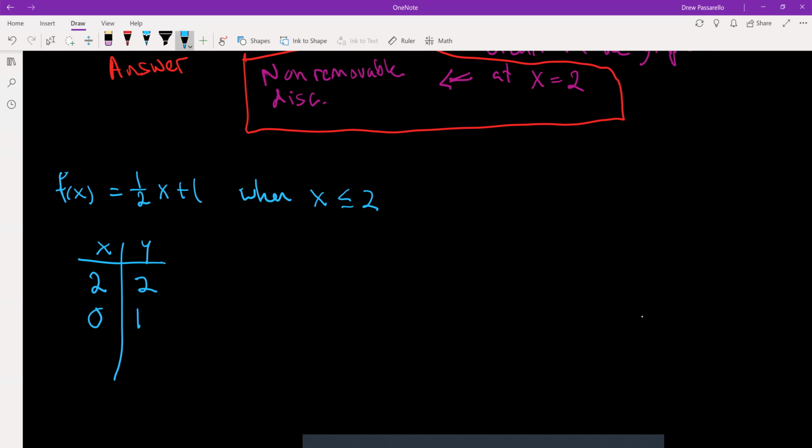And really that's all I need, right? Because this is a line, so all I need are 2 points. 0, 1, and 2, comma 2. I can graph that. Zero, 1.